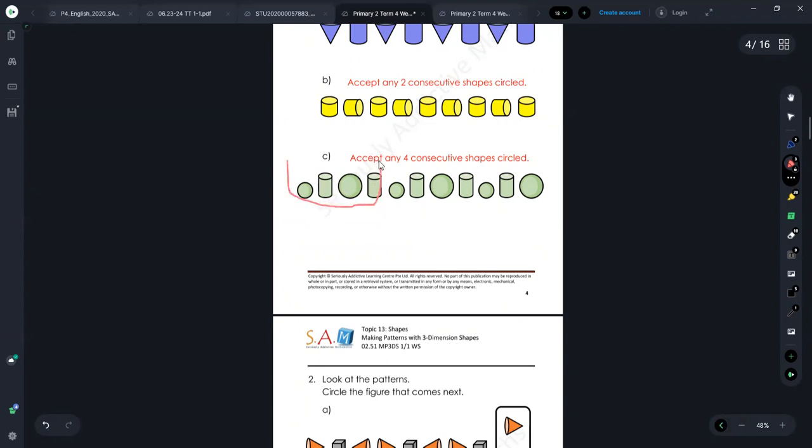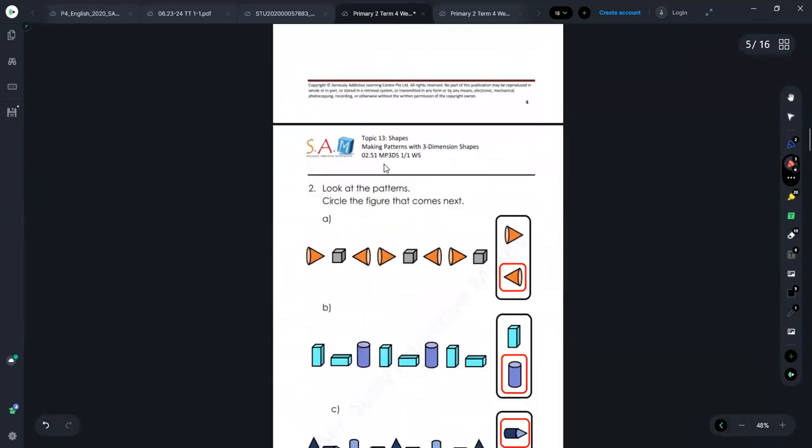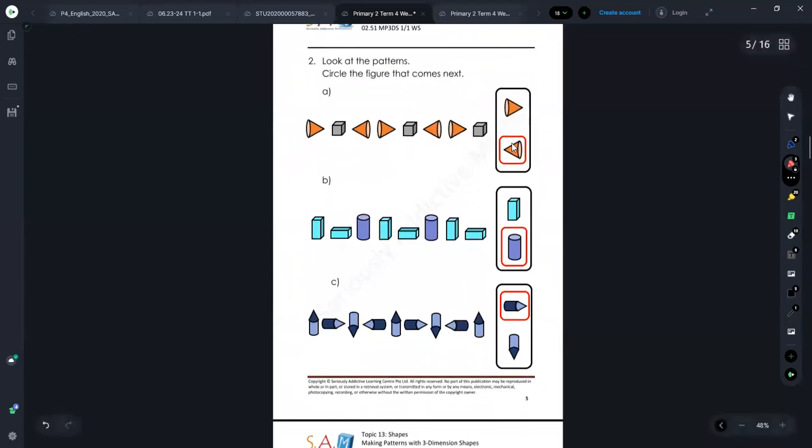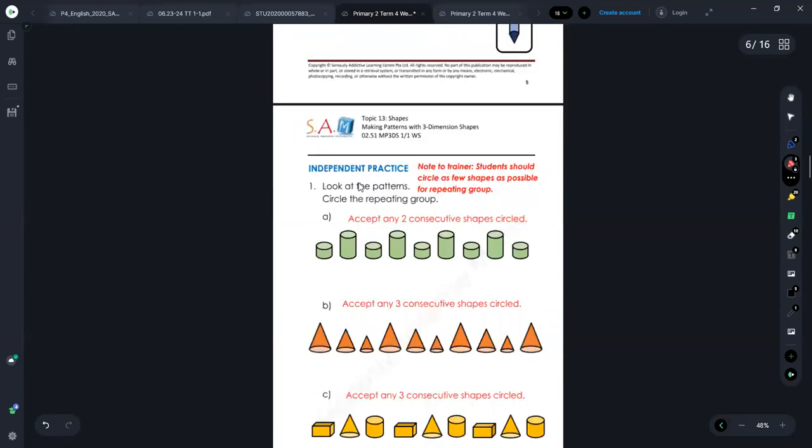After that, they are to name the pattern that comes next. Same thing, if they are able to do the repeating pattern, this is the first one, second one, third one. So another group here will be first, second, third. The third pattern.